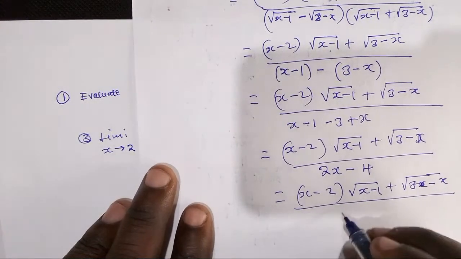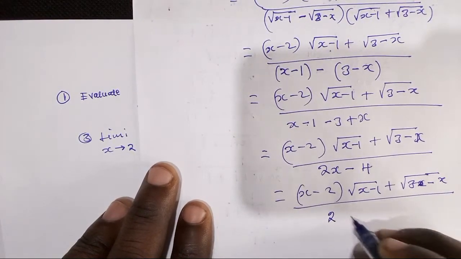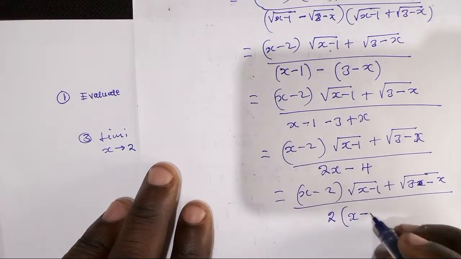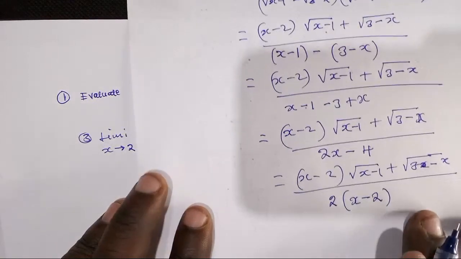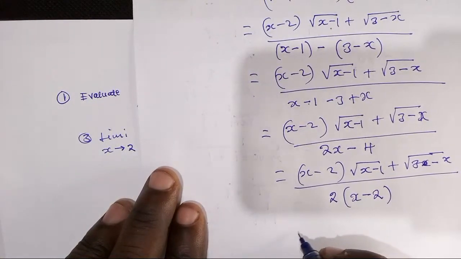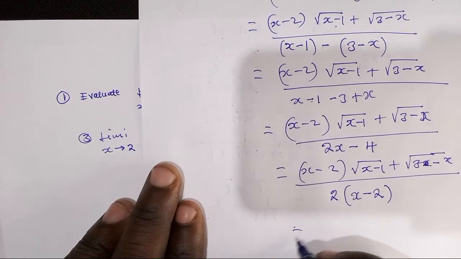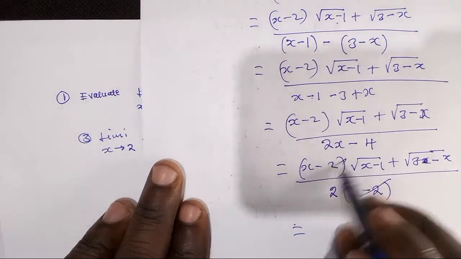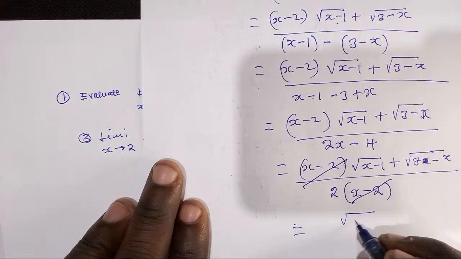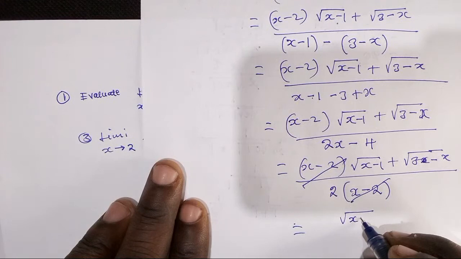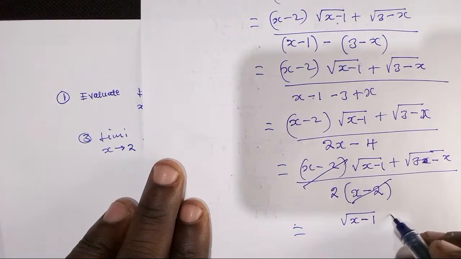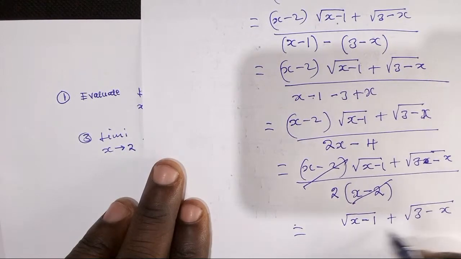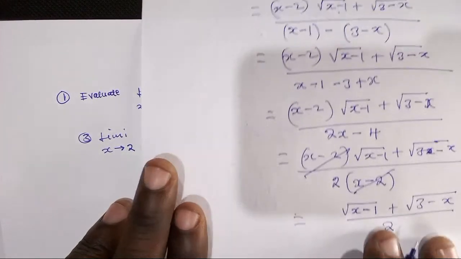It is 2, so we say 2 outside, then open bracket, x minus 2, which is 2, then this term and this term cancel, so we remain with the square root of x minus 1 plus root 3 minus x, then over 2, right?